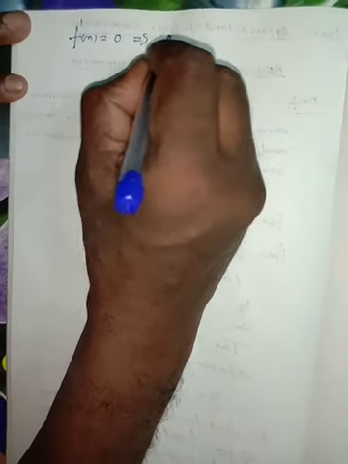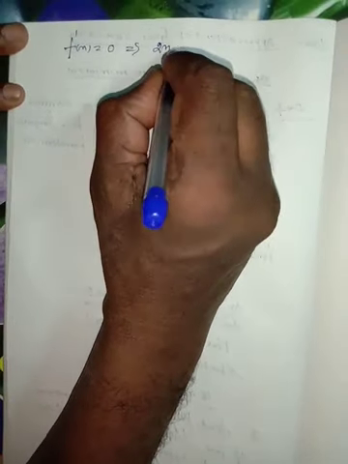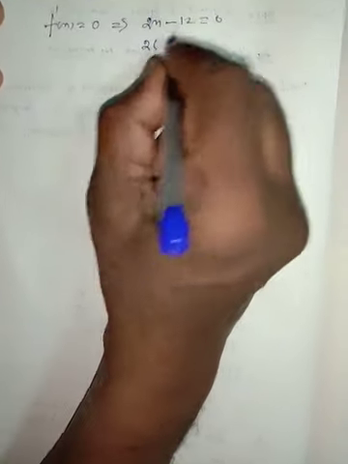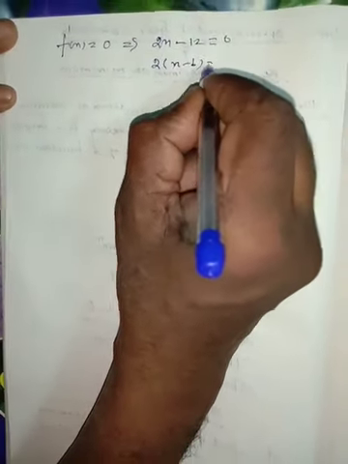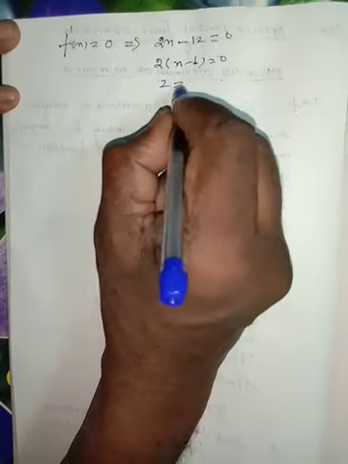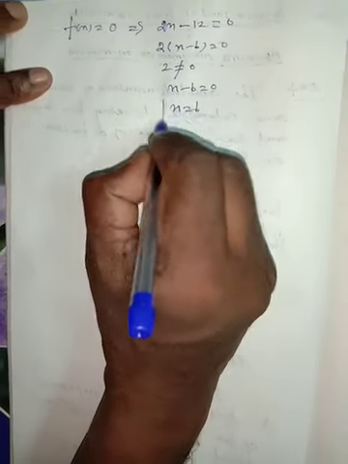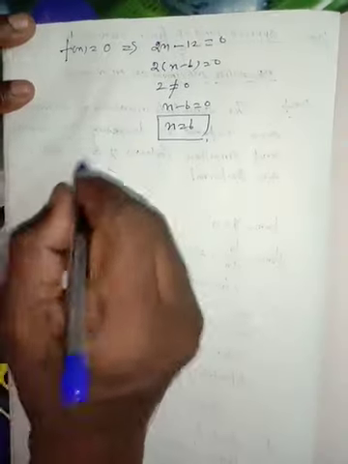F dash of x is equal to 0 implies 2x minus 12 is equal to 0. 2 is a common number, so x minus 6 is equal to 0, since 2 is not equal to 0. This means x is equal to 6. X is equal to 6 is a stationary point or critical number.